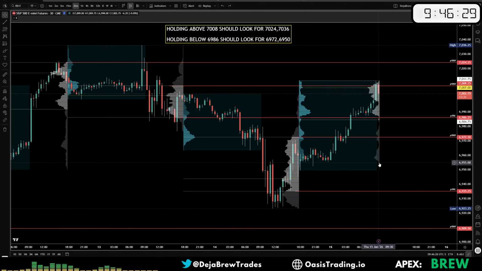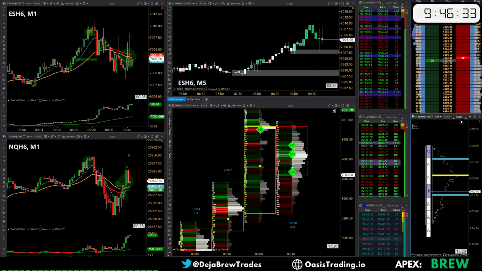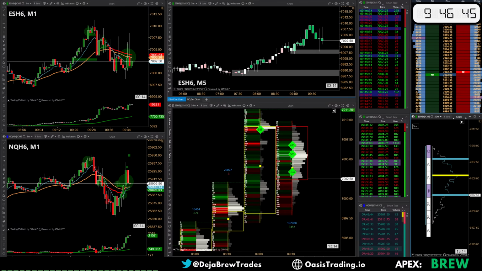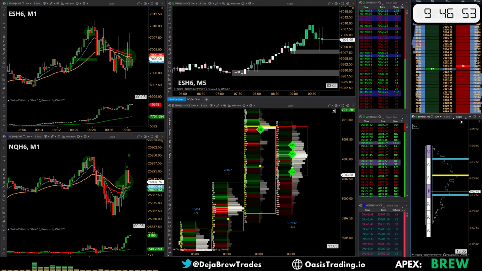Turning into a P-shaped profile. NASDAQ reclaiming the EMAs and VWAP.